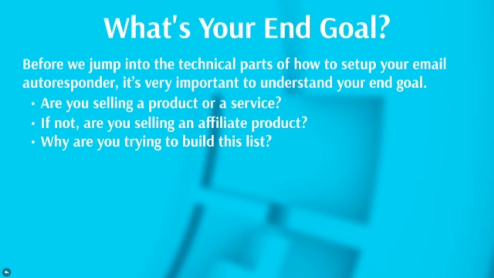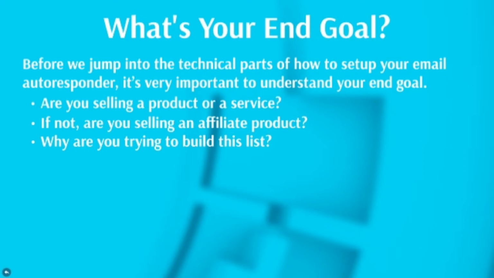The reason I ask you to write this down is because if you're selling your own product, you can do a few things like build a relationship. There's a few more things that you could easily do, like brand yourself, provide more value. And there's a different way of doing it, basically. If you're selling an affiliate product, you could still build a brand, but you're selling somebody else's product. So you need to gear it in a certain way.